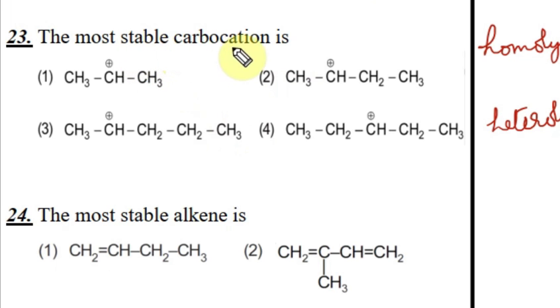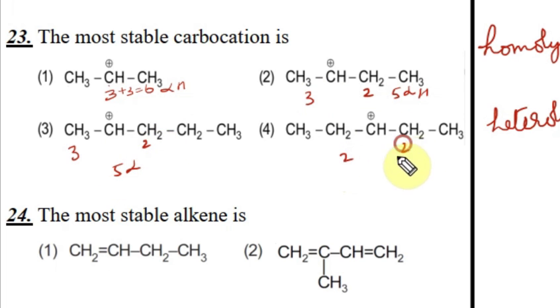The most stable carbocation is. So now when you take this carbocation, it has 3 plus 3, 6 alpha hydrogens. When you take this one, there is 3 and 2, total 5 alpha hydrogens. So this one has 3 plus 2, 5 alpha hydrogens.